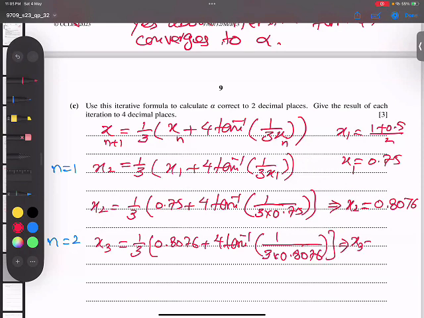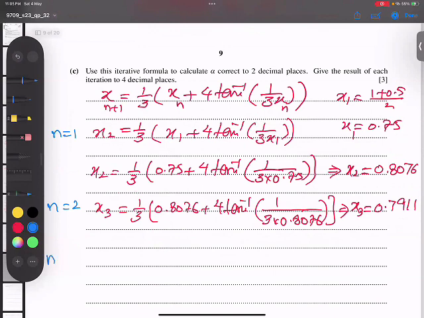And x3, I'm getting what? Hold on, students, let me type once again. Yes. Plus that. So the answer is coming 0.7911.